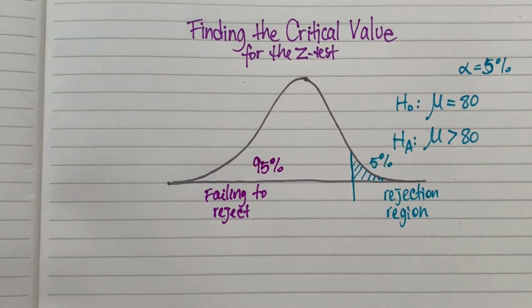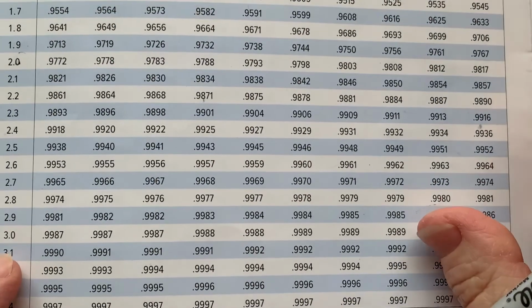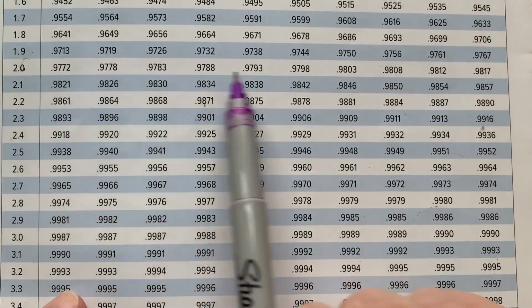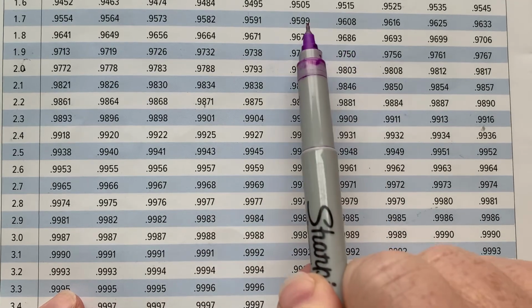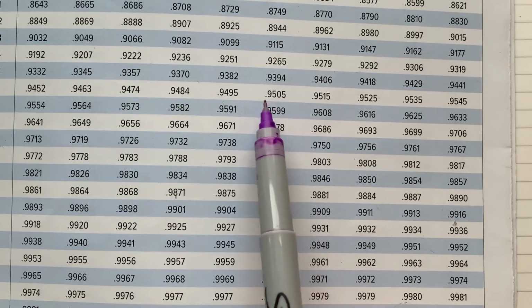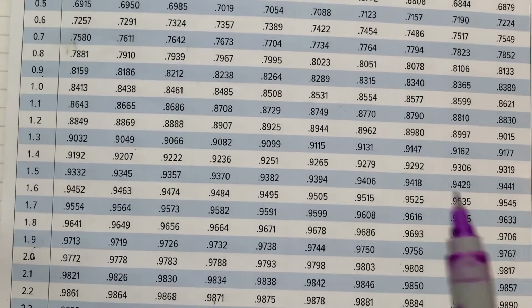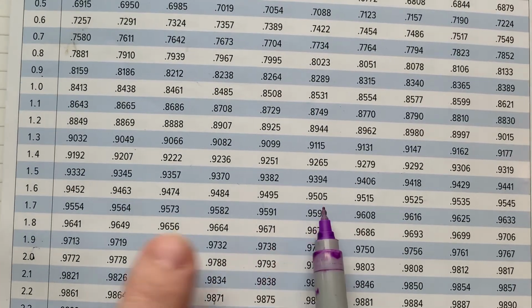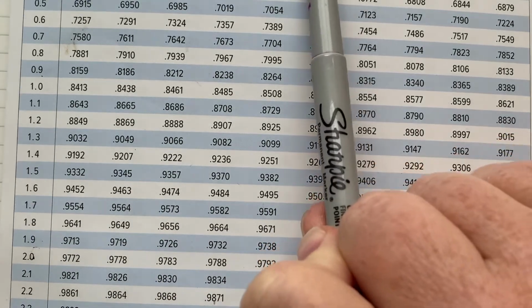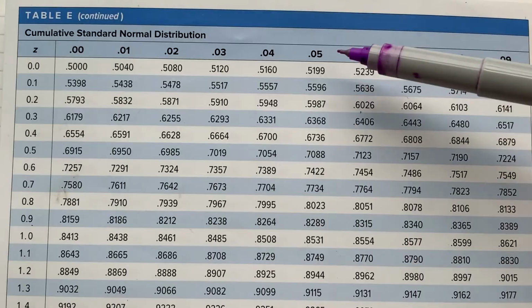Then I'm going to go into my z-table and look up a place where it is 95. Wherever it's 95, that's going to be 1.65 at the top of the chart.